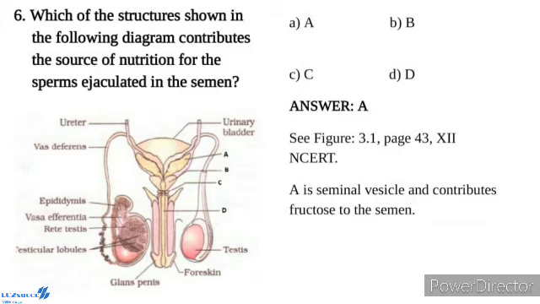The male sex accessory ducts include rete testis, vasa efferentia, epididymis, and vas deferens. The seminiferous tubules of the testis open into vasa efferentia through the rete testis. The vasa efferentia leave the testes and open into the epididymis located along the posterior surface of each testis.